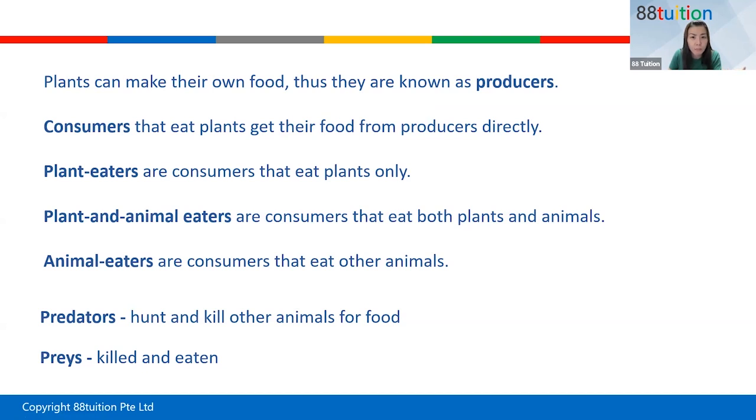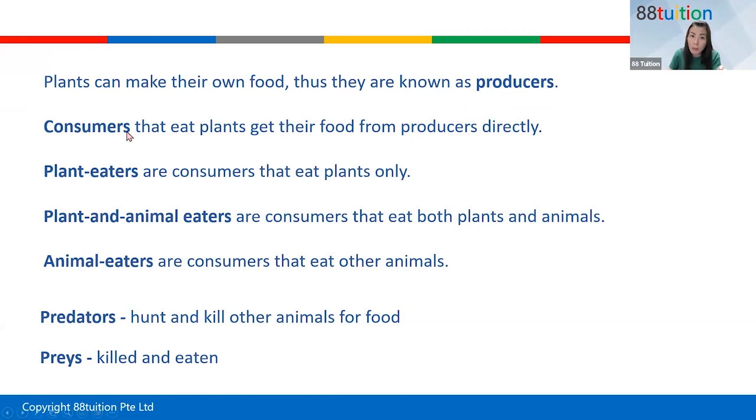What is that? The sun. Good. The sun is the main source of energy, so it all starts from the sun. The sun gives the energy to the plant to make food in photosynthesis.